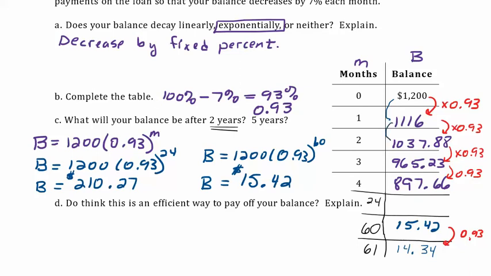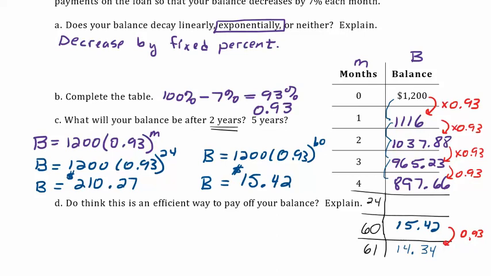If I subtracted these two numbers, 1,116 minus 1,037.88, I should have done it the other way, it's going to be $78, which is less than the amount that I paid last time. And if you kept subtracting these, it would be a smaller and smaller amount each time. That's really not how you want to pay off your balance.